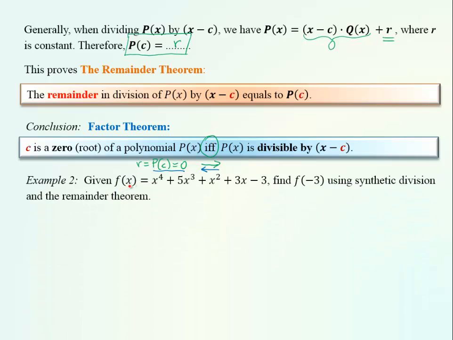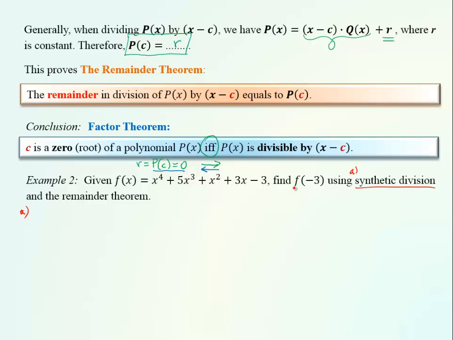In the next example, for the given fourth degree polynomial as stated here, we need to find the value of this polynomial at -3 using synthetic division and the remainder theorem. So first, let's use synthetic division.